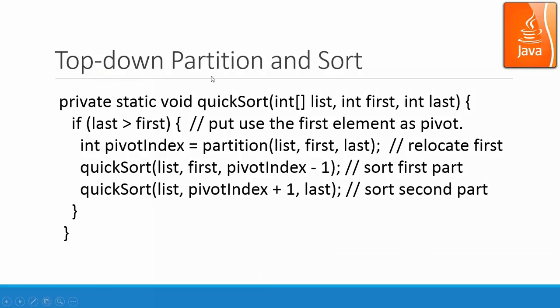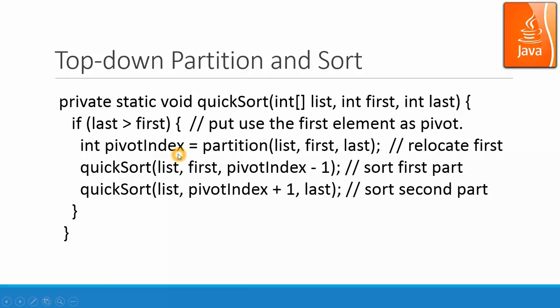Now let's look at the top-down partition and sort. At the top level for QuickSort, we get the array coming in, and the first element and the last element indexes, and then we try to do the partition for the array using the first element as low and the last element as high, both as indexes. And then it will return the pivot.